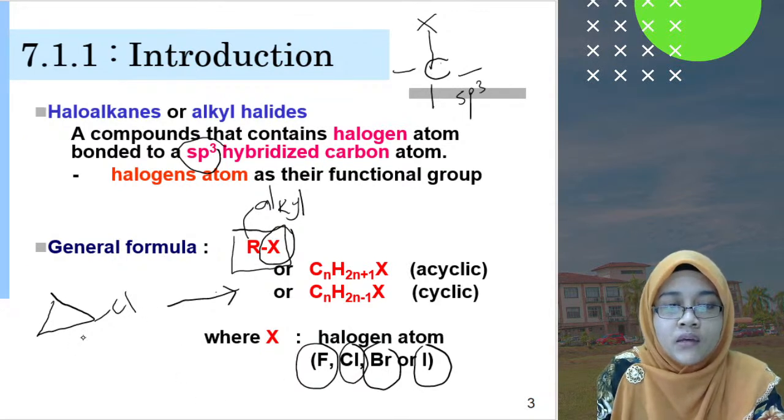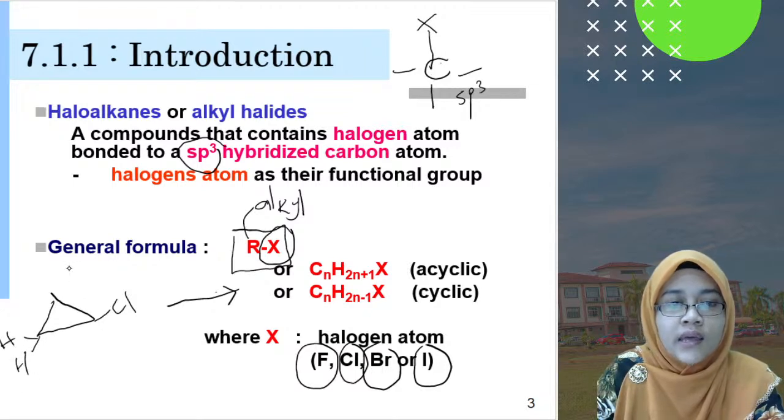So the molecular formula for this cyclic haloalkane, because each of these carbons in the ring has 2 hydrogen, to make sure all the carbons have 4 bonds, and at this side we have 1 hydrogen.